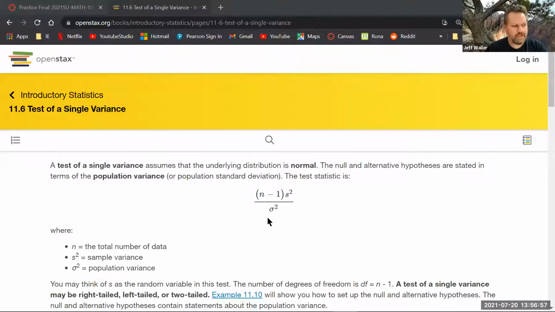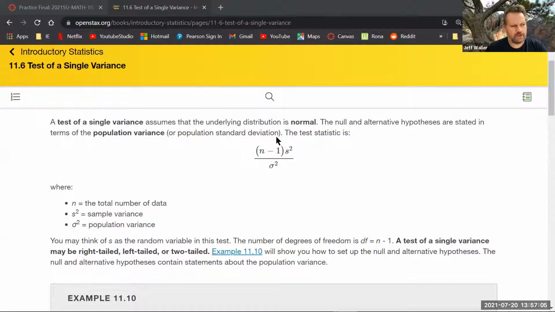Let's look at 11.6 real quick. Does anyone remember this? This was the very first chi-square formula I gave you. When I think chi-square, my head goes immediately here first.